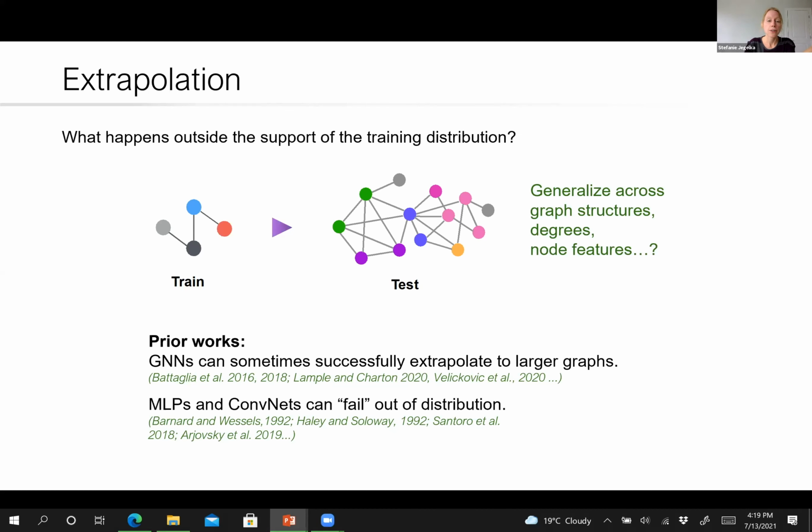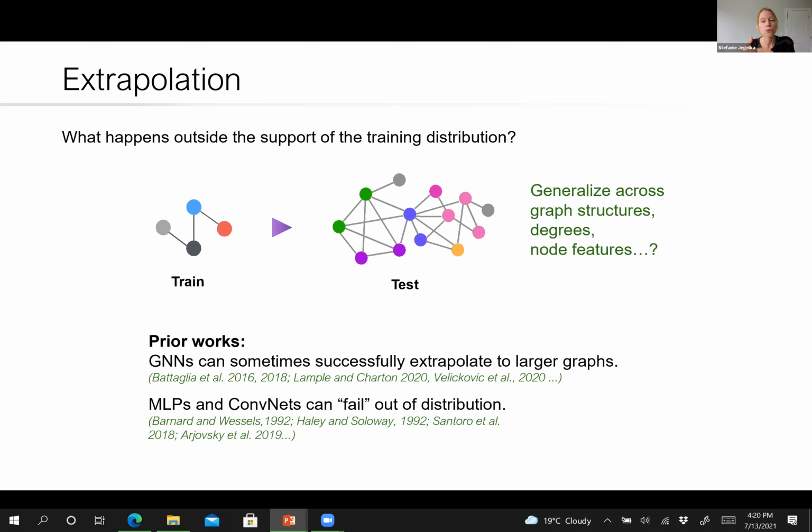What prior empirical works have shown is that in some cases, we can successfully extrapolate to larger graphs, but in many cases, this is also difficult. This has been looked at for learning simulations. It has been looked at for learning inference algorithms, like graphical model inference algorithms, etc., where often the performance decays.